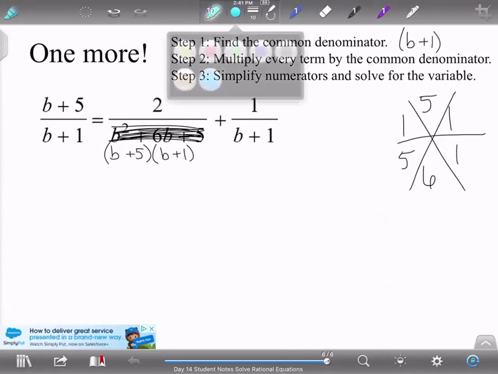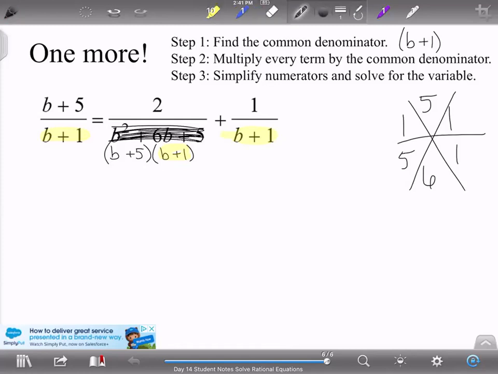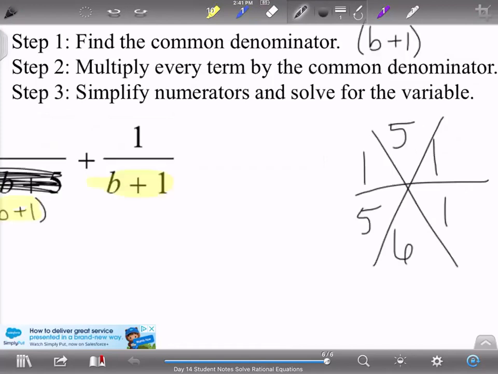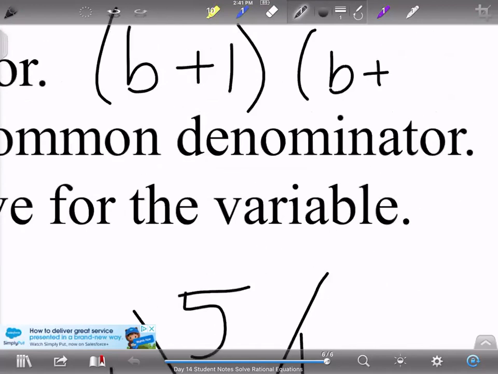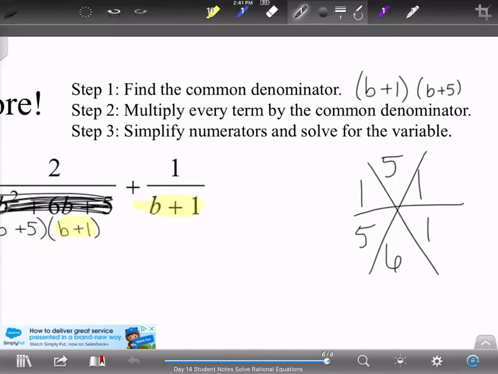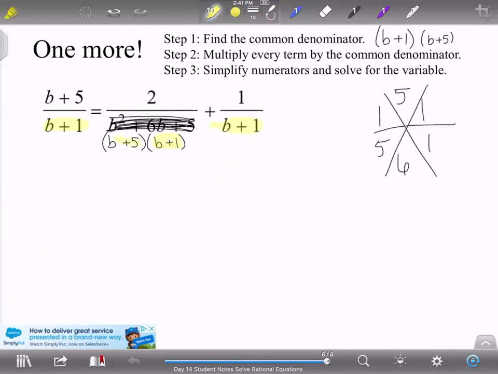That b plus 1 in this case is here, here, and here. It's in actually all three denominators. And then when I look at what's left, I just have the b plus 5 left. So it also has to get written up here, b plus 5. And then that takes care of all the terms in the denominator.